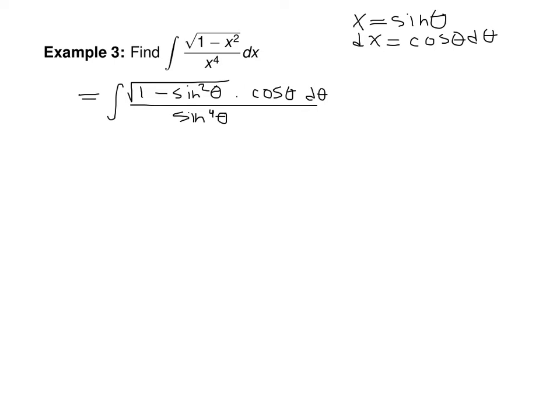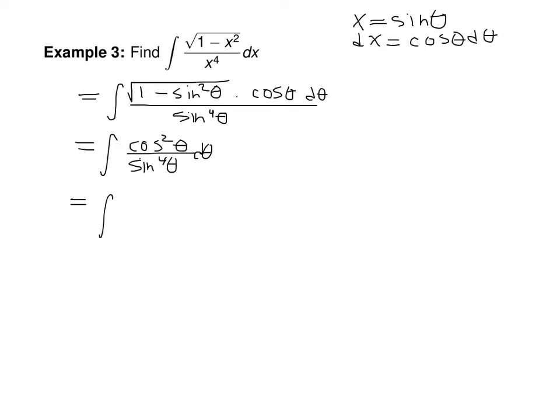And 1 minus sine squared is cosine squared. Once we root that, we end up with the integral of cosine squared theta over sine to the 4th theta d theta. And now's where it gets a little bit tricky.